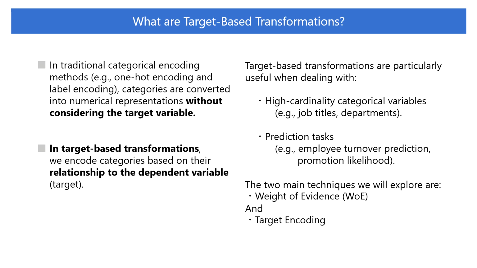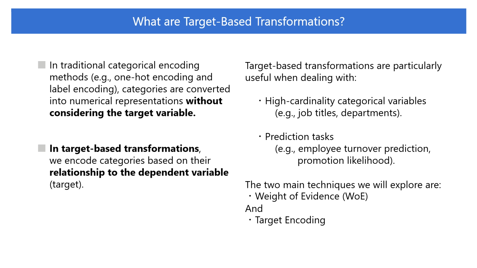In traditional categorical encoding methods such as one-hot encoding and label encoding, categories are converted into numerical representations without considering the target variable. However, in target-based transformations, we encode categories based on their relationship to the dependent variable.